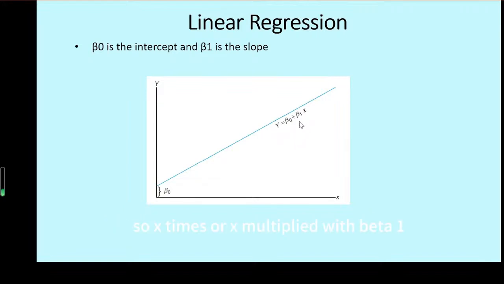So x multiplied by beta 1 is linear in the parameter. For simple linear regression, we can show the dependent variable and independent variable as a straight line in this figure. Beta 0 is the intercept, and beta 1 determines the line's position or the angle of this line. It's a coefficient.